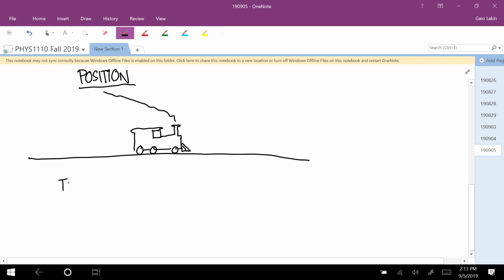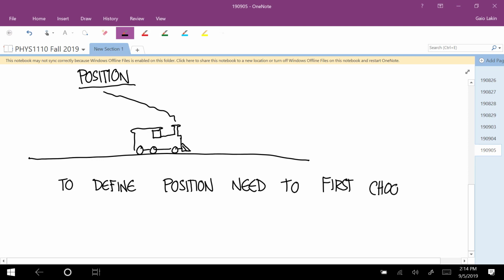So to define the position, we need to first choose a 0 position.